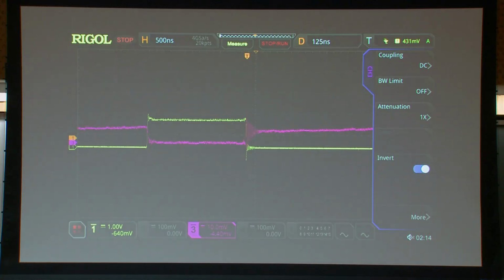On the left, the yellow waveform rises and the voltage is falling, which means there's no voltage across the switch and the switch turns on. On the right, the current is falling and the pink waveform is rising again, which means the switch is turning off.